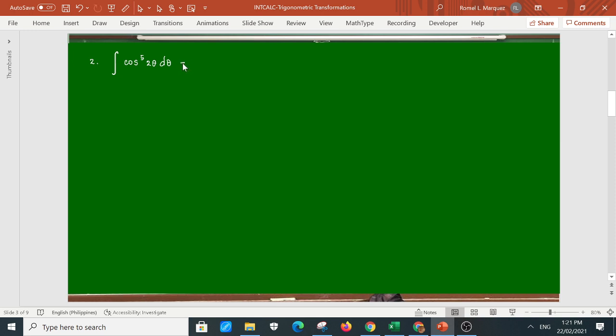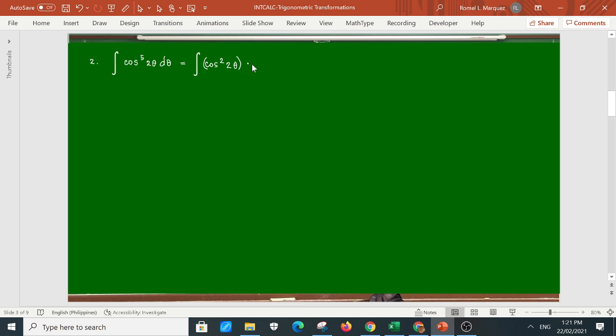express this as a quadratic power, and then the excess linear cosine will be part of the d theta. So we now have the integral of cosine. So quadratic, I'm going to form quadratic cosine squared 2 theta. So what will be the exponent to complete the 5?